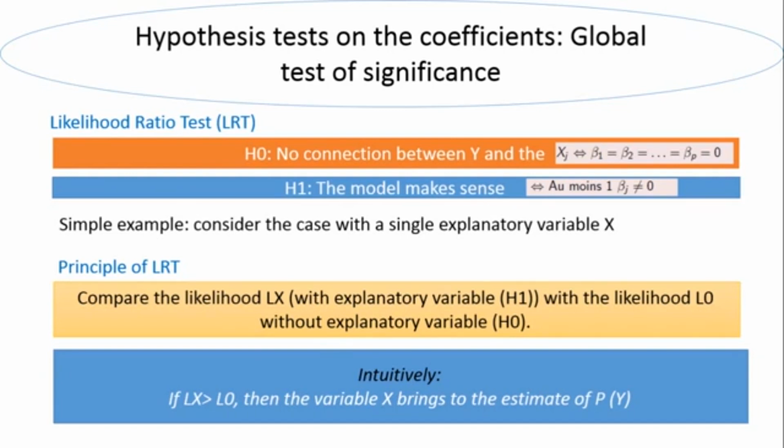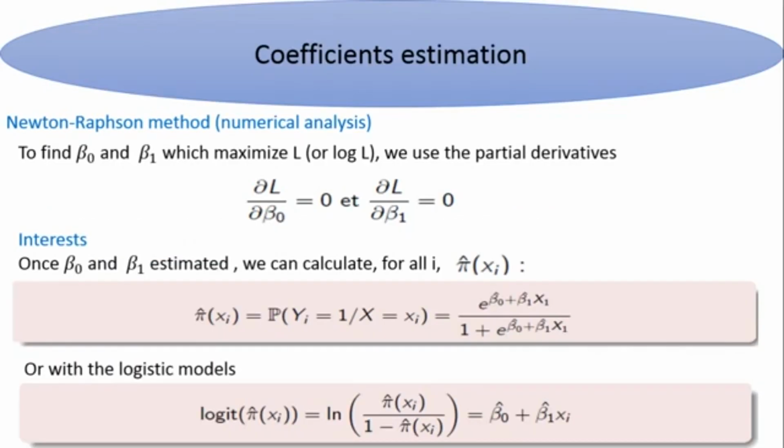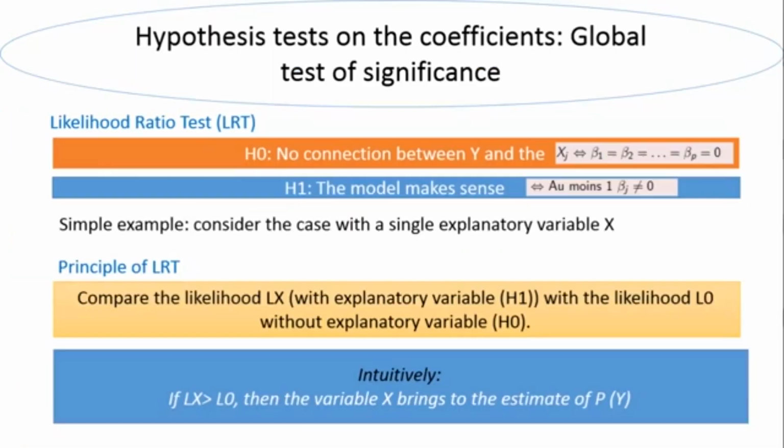Once we have computed the coefficients in our logistic model, one of the main challenges is hypothesis tests on our coefficients. First of all, the global test of significance of our model, and to test this we will use the likelihood ratio test.